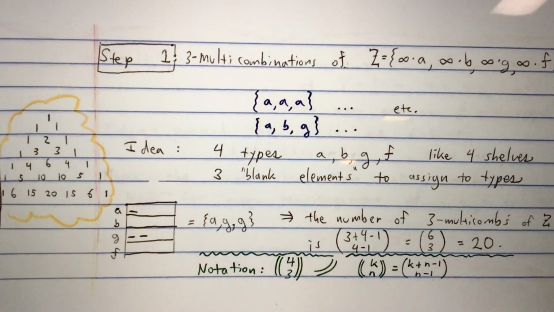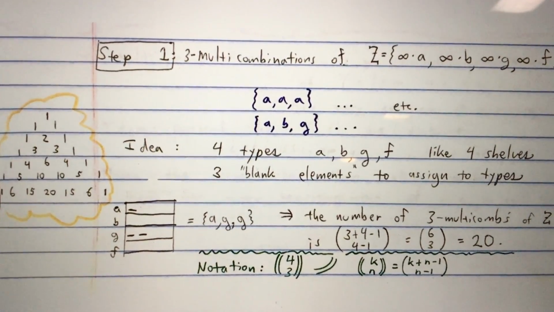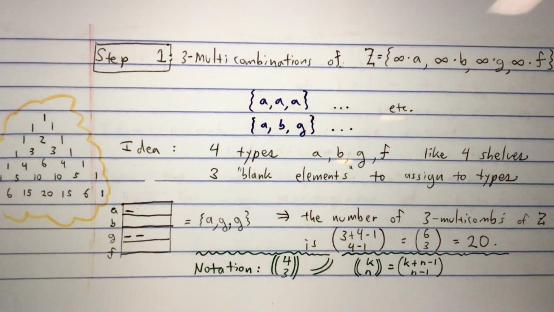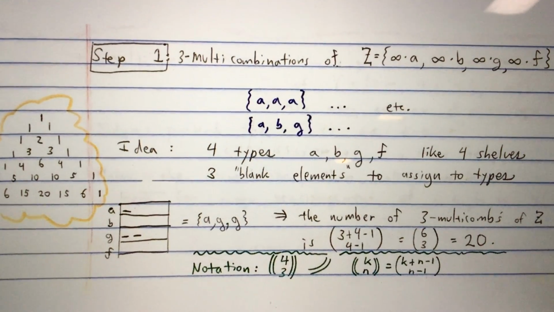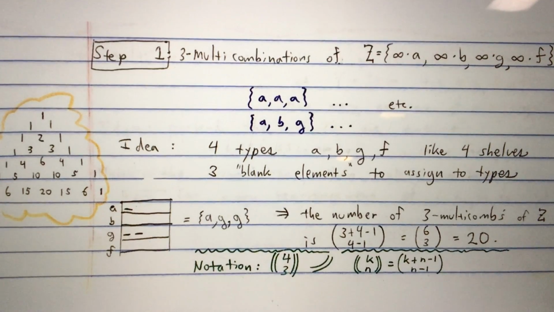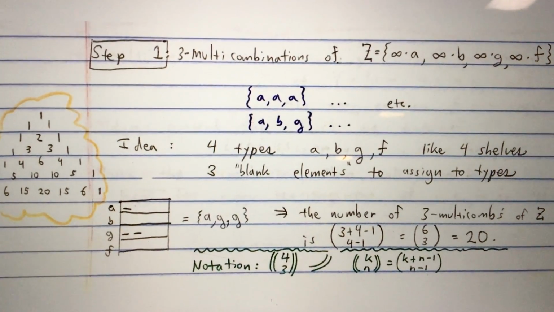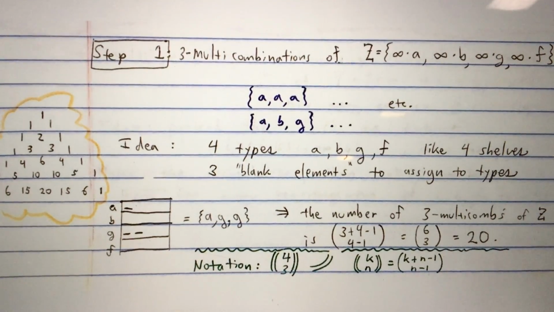Well, so first though, we just want to count the 3 multi-combinations of Z, and that requires an interesting idea. The 4 types of elements, A, B, G, and F here, are like 4 shelves from previous problems, and what we have are 3 blanks to fill in our size 3 subset.